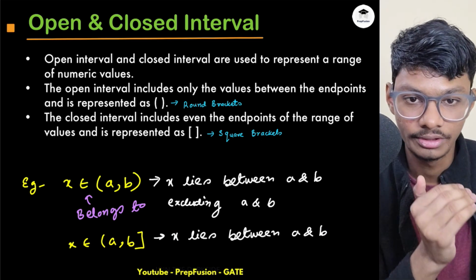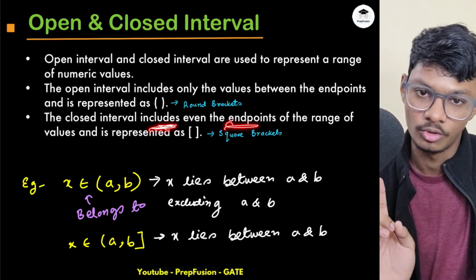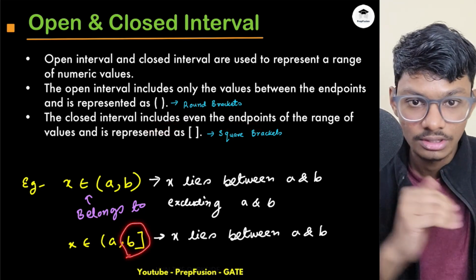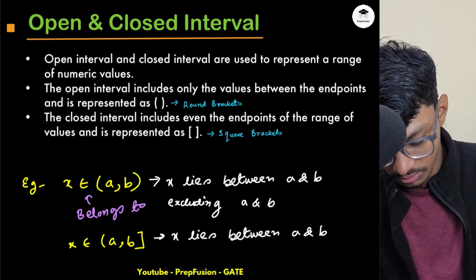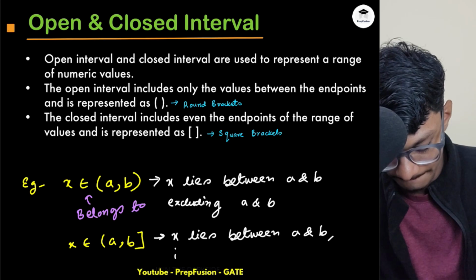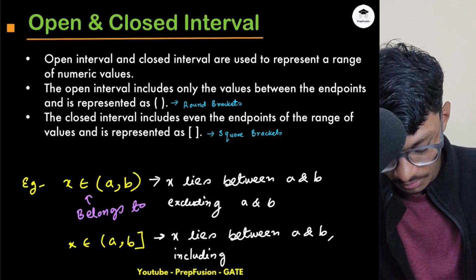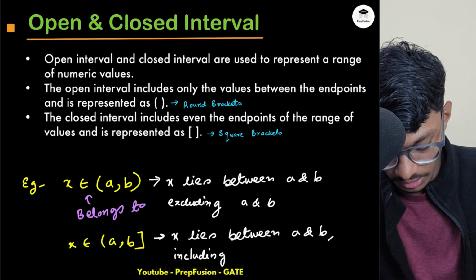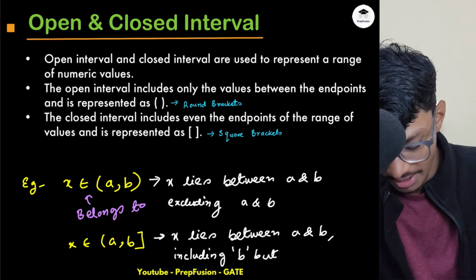But here I have to write two statements. What will be included and what will be excluded? As you can see, I have a square bracket on the right-hand side only, not on the left. A square bracket includes the endpoint, so it will include b, but exclude a, because x has a round bracket with it.